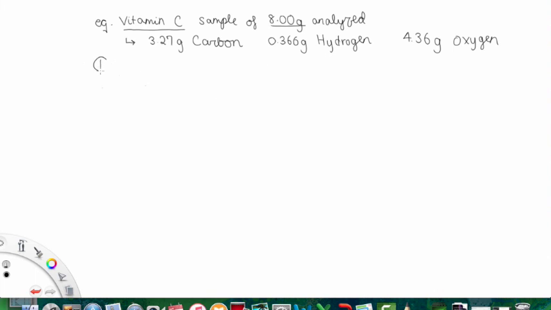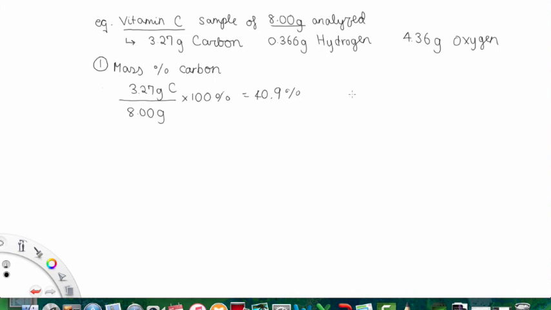The first step is to figure out the mass percentage of each element. Let's start with carbon. We have 3.27 grams of carbon divided by the total amount of the sample, which is 8 grams. Multiply that by 100 to get a percentage, and we end up with 40.9%.